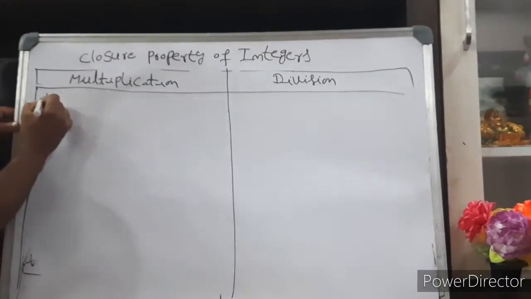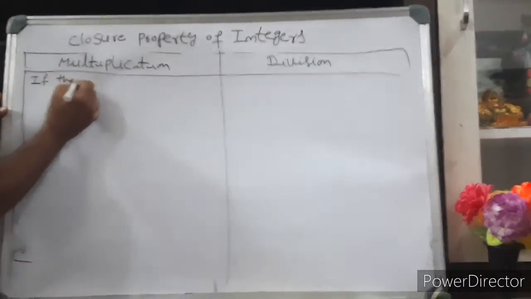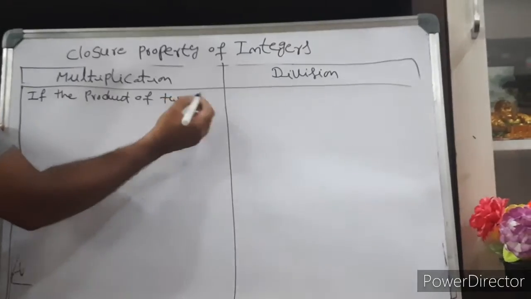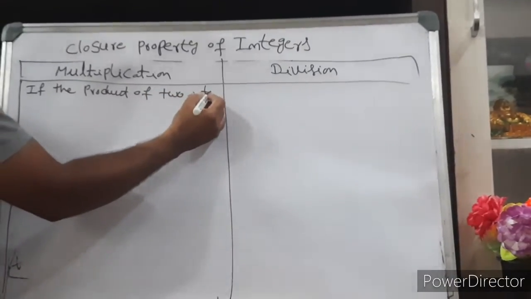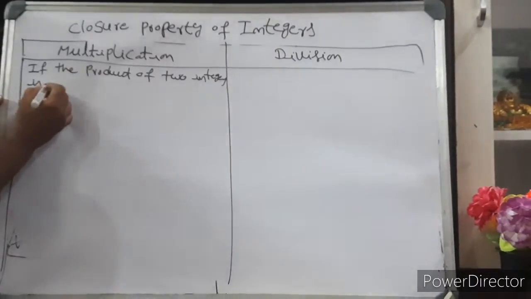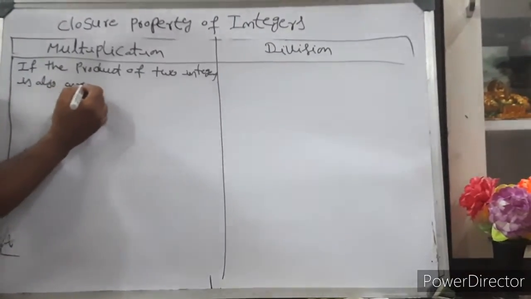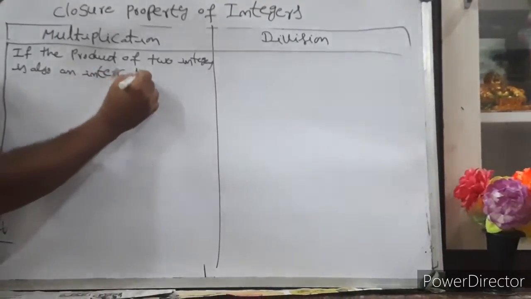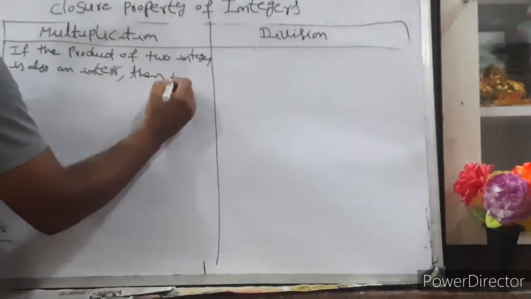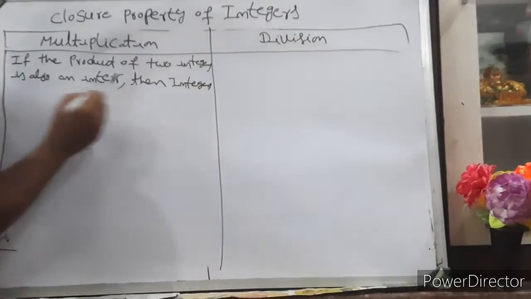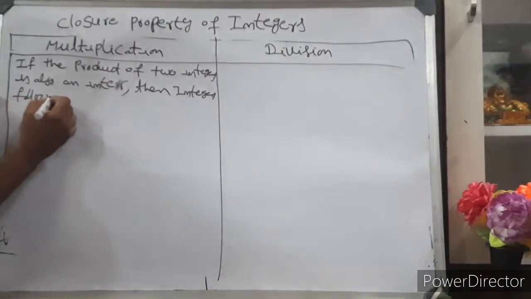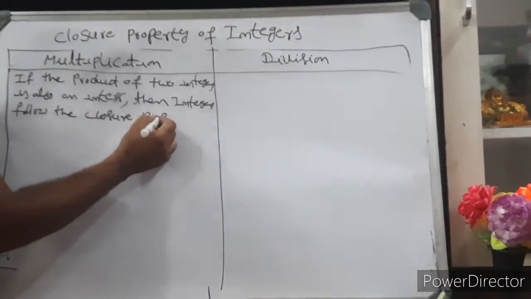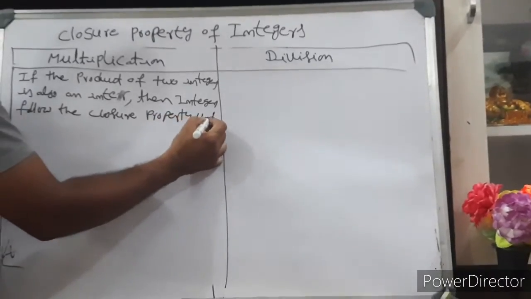That means if the product of two integers is also an integer, then integers follow the closure property under multiplication.